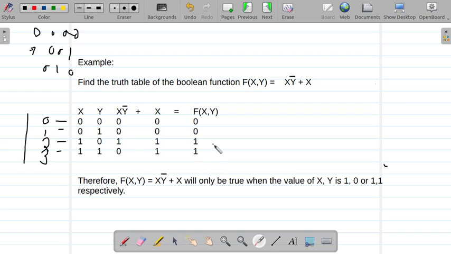Now, maybe you will ask, earlier, ma'am, you said 1 plus 1 is equal to 1, 0.